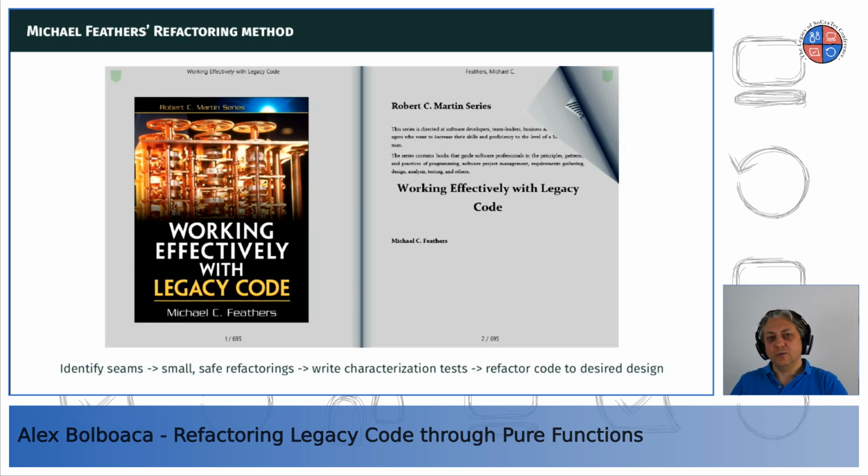And then once we have the tests that characterize the existing code, we refactor to the desired design. This is an amazing method. It's very good in the sense that it gives results. It's safe. You can do it. However, we'll see that it requires a lot of skill.